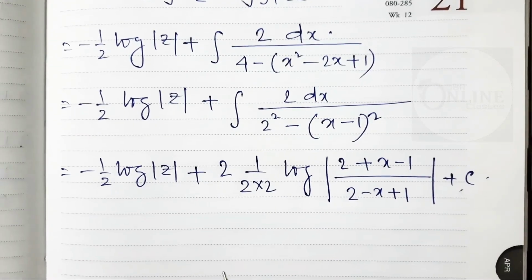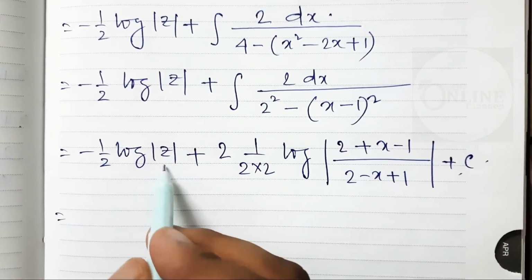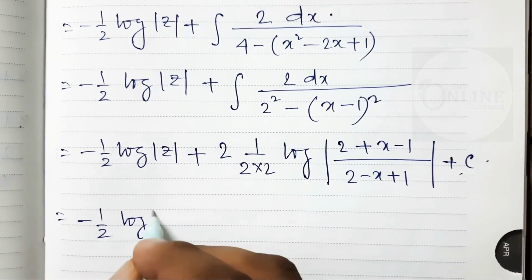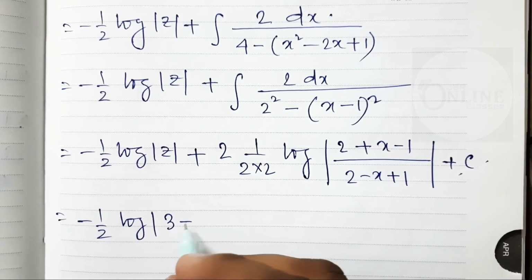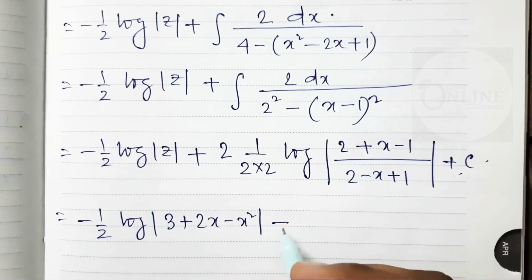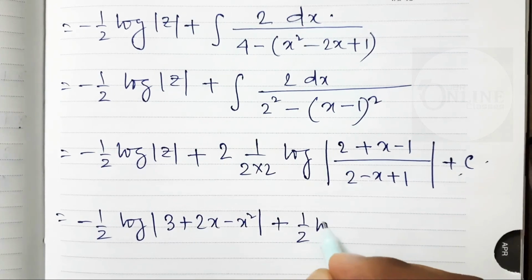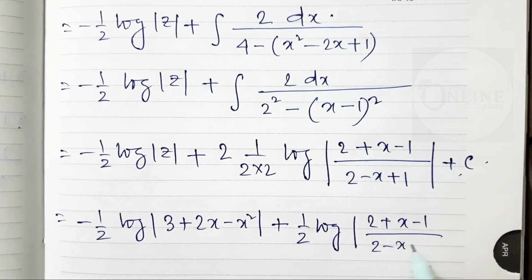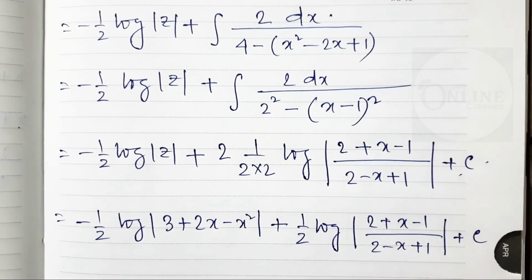Okay, now we are almost done. So I am just going to substitute the value of z. It is going to be minus half log of mod 3 plus 2x minus x square, and then plus half of log of 2 plus x minus 1 divided by 2 minus x plus 1, plus c.